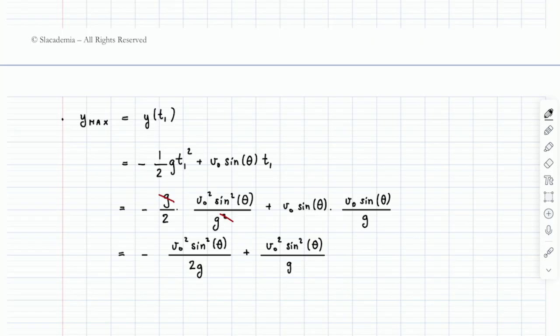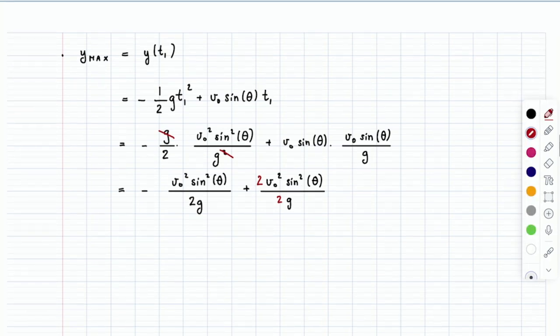And what I was trying to do, but it's kind of a little quick there, is to get the common denominator 2g to show up so that I could figure out that y max is equal to v naught squared sine squared of theta divided by 2g.